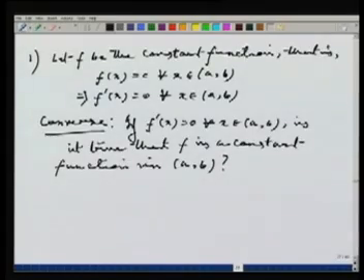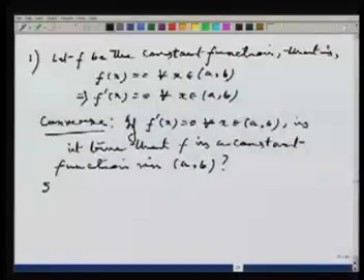This is really the converse, that if a function is constant, then its derivative is 0. Question is, if its derivative is 0 at all points in an interval, does that mean the function is constant in that interval?